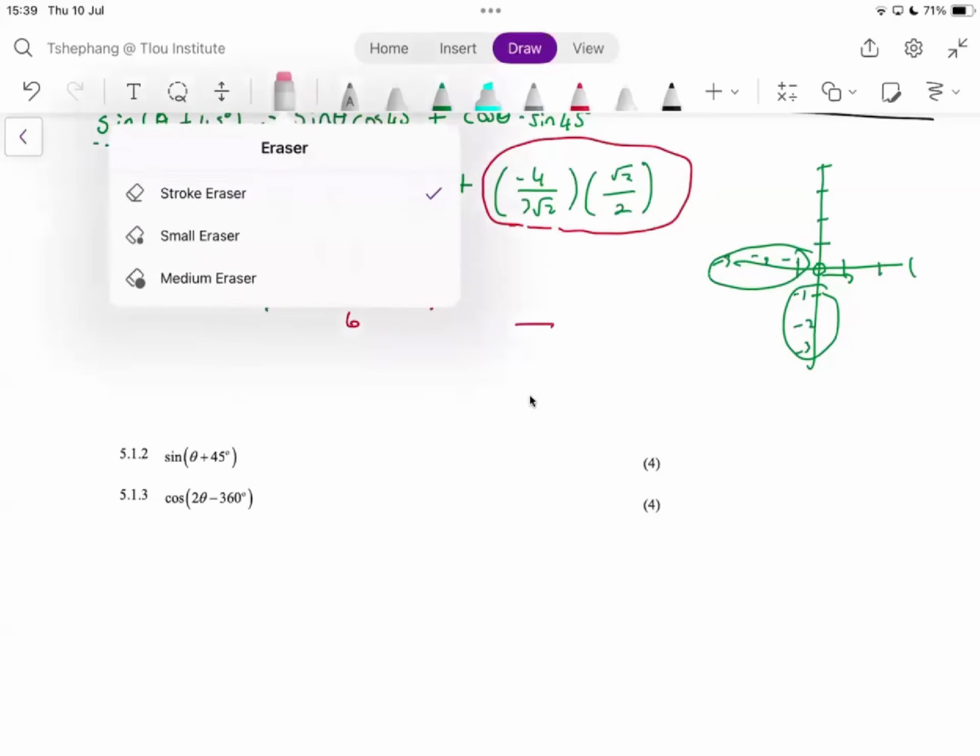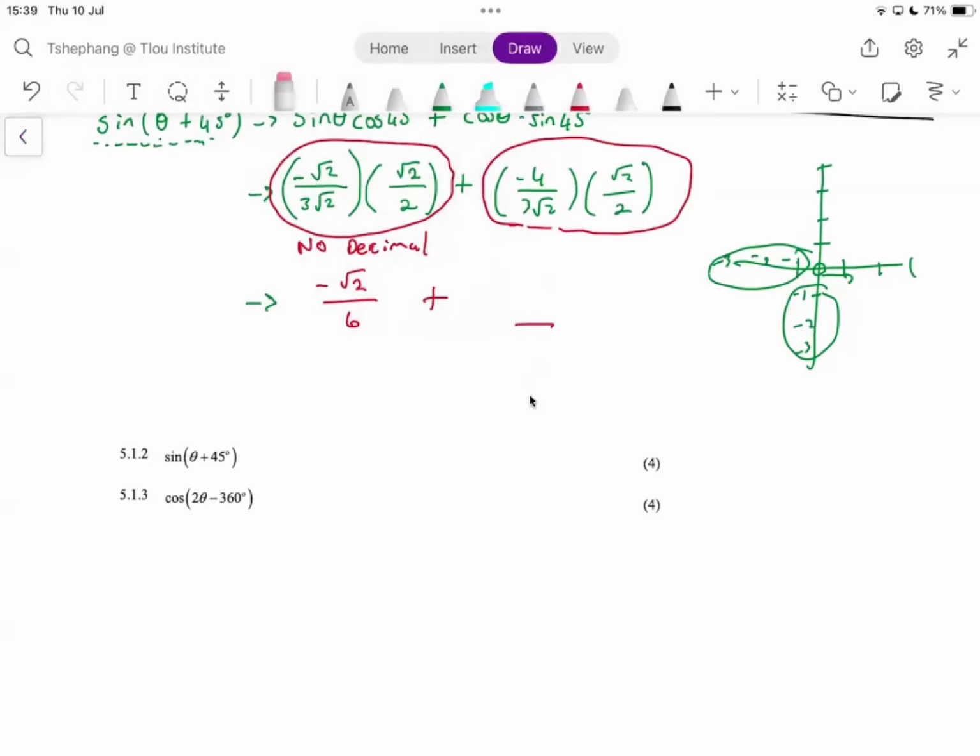Okay, silly mistake on my side. You guys are saying it's negative 4 plus 2 plus root 2 over 6. Okay, we're all happy now.